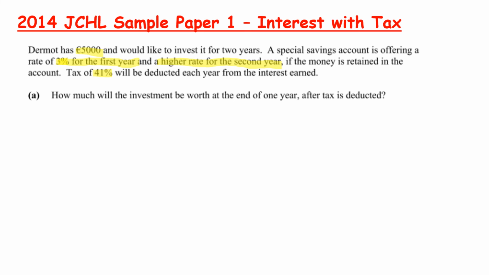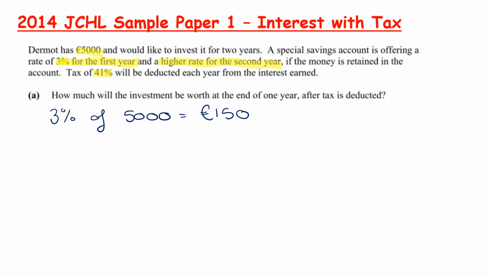In the ordinary level question, they stepped us through this. For us, at higher level, we need to be able to work this out. So we get 3% of €5,000, and when we do that, we get 150.